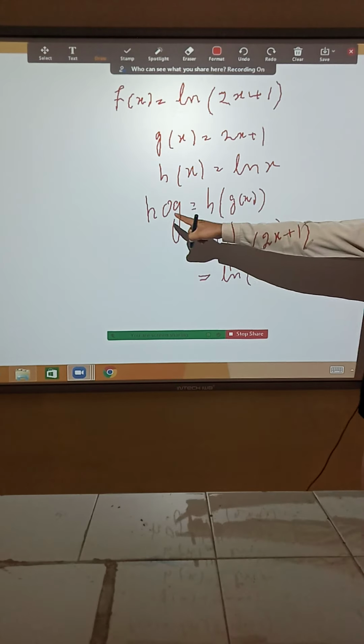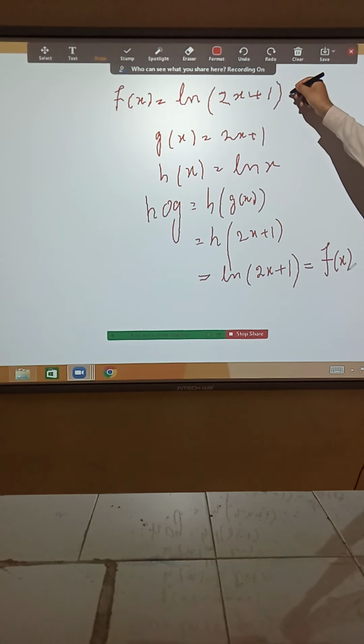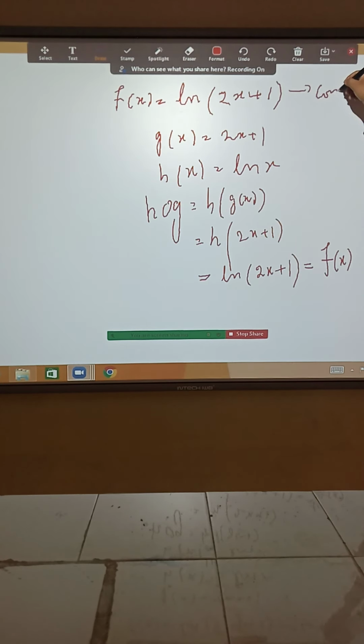That is h circle g, the composition of h and g. You clearly see that this ln of 2x plus 1 is nothing but f of x. So that is a composite function.